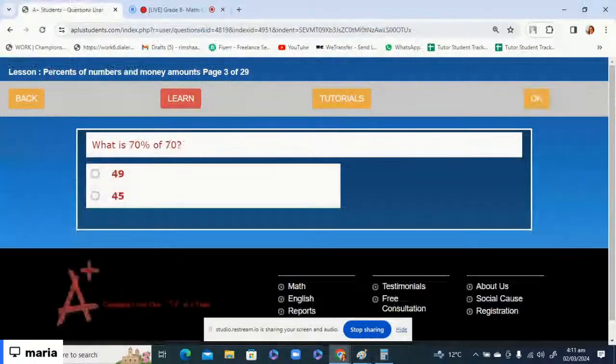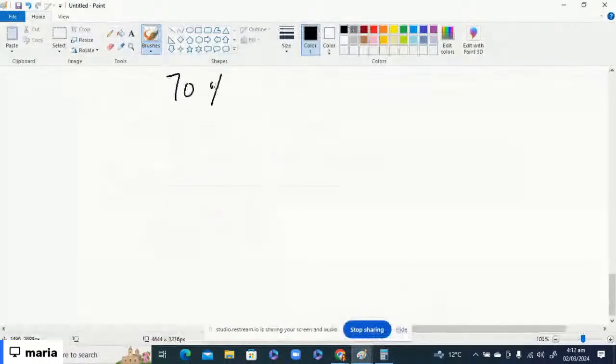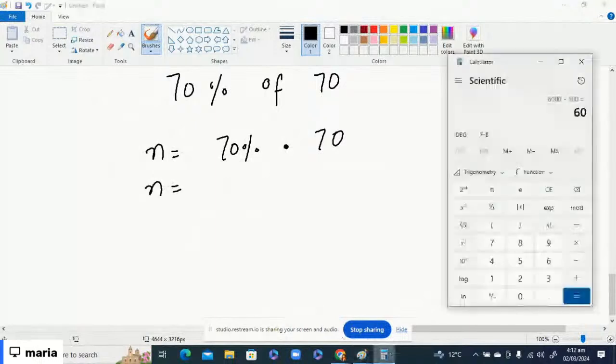What is 70% of 70? Let's solve. 70% of 70. So n is equal to 70% dot 70, that means multiplication. So n is equal to, what is 70%?